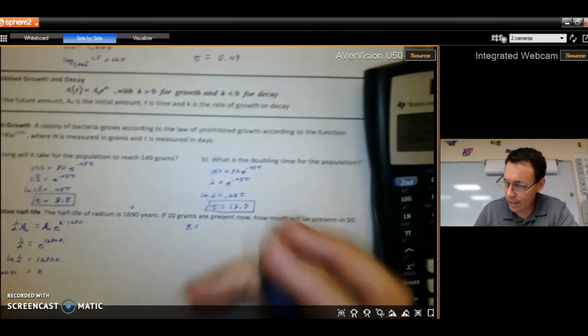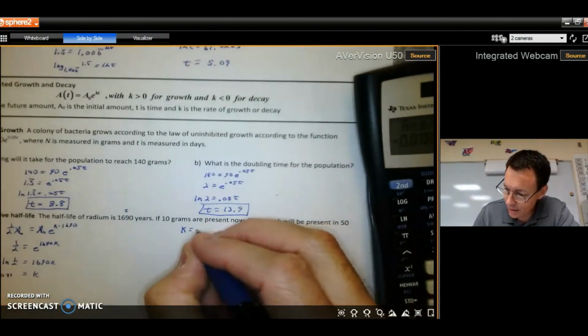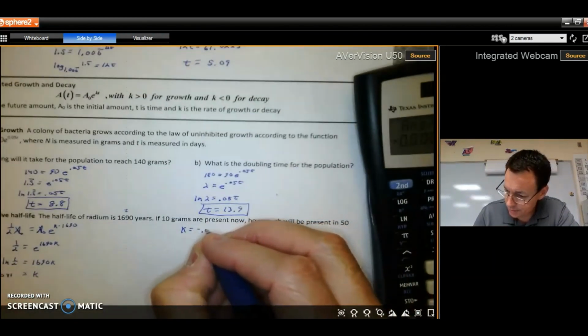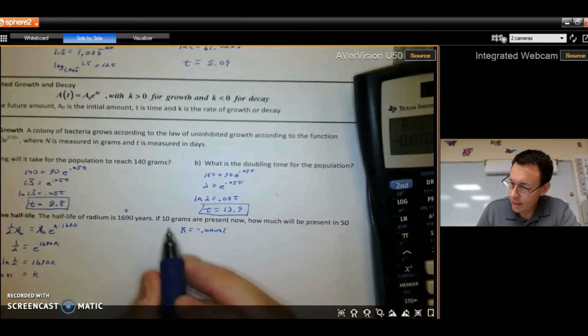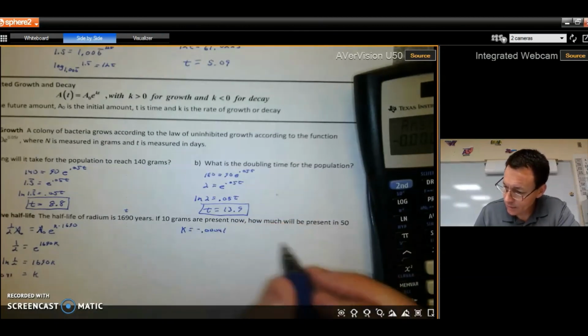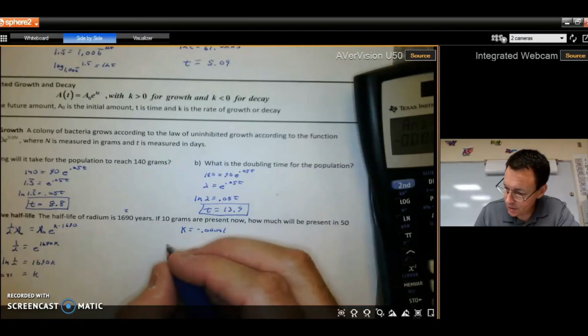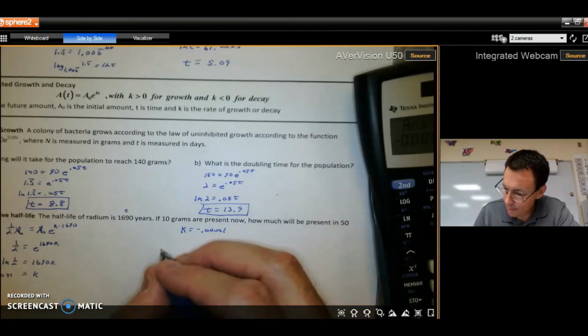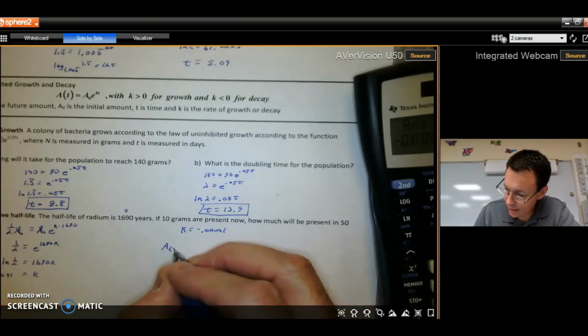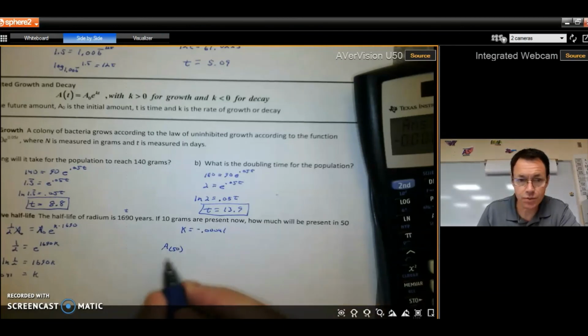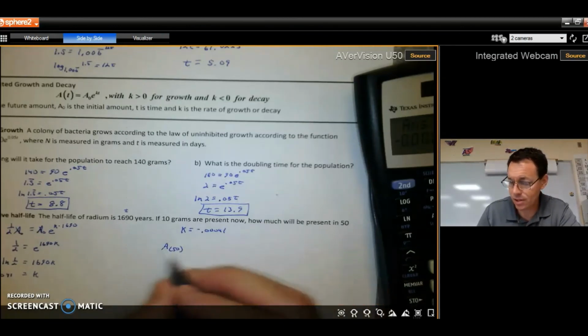So now we know our K, we know our decay rate. So now this problem over here is pretty easy. We've got 10 grams present now, so how much will be present in 50 years? So we want to know the amount that we're going to have in 50 years. This is function notation. This isn't something I'm going to solve and divide by 50 or anything. This is just function notation.